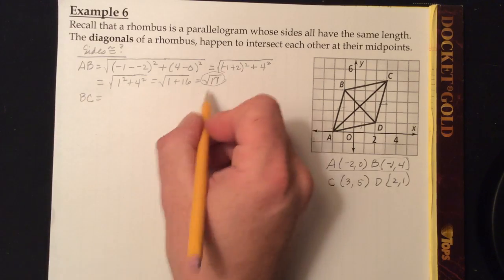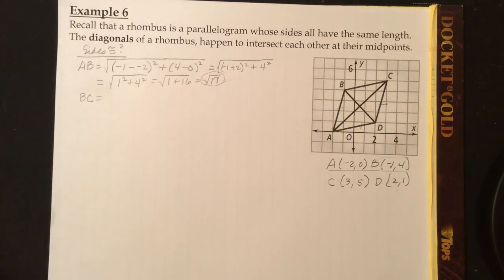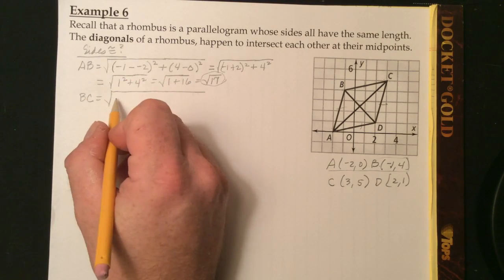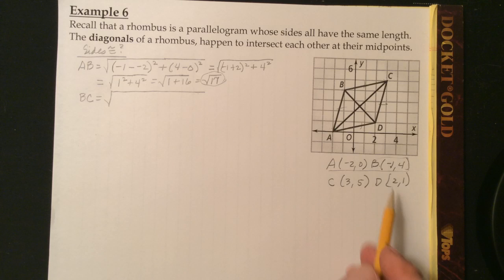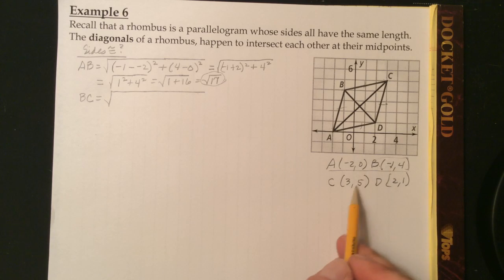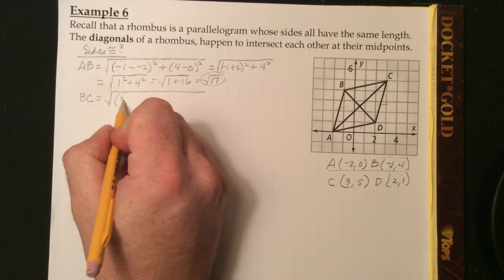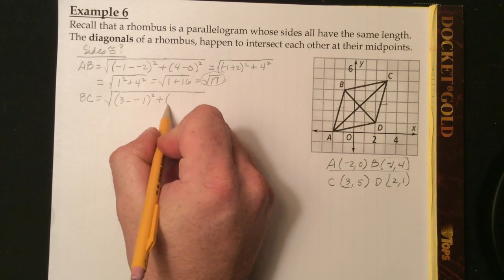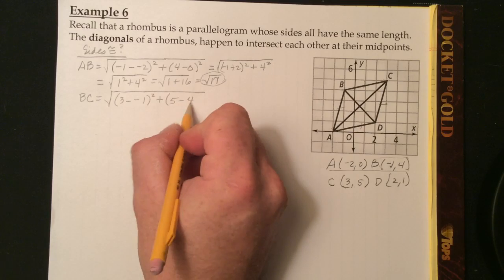Now, if the rest of these are the square root of 17, then we do have a rhombus. It looks like we have one. This will be the square root of, this time we're using B and C. I'm going to let C be my second point. So I'm going to start right here and move back over to this one. So that would be 3 minus negative 1 squared plus 5 minus 4 squared.